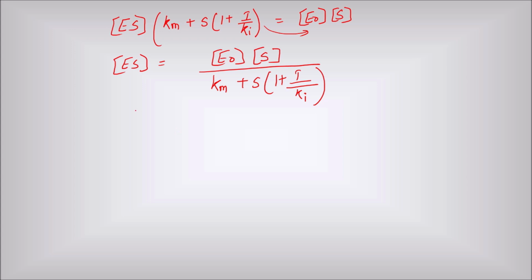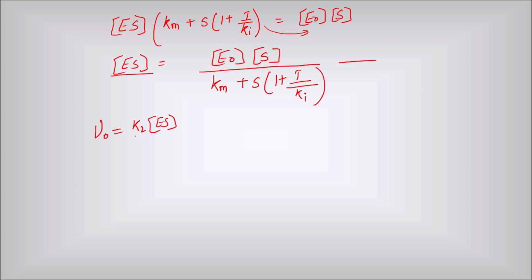Again, try to remember the derivation of the Michaelis-Menten equation, where we have to calculate the velocity. For the initial velocity we had K2 into the ES concentration. So from this equation we have got the value of ES.